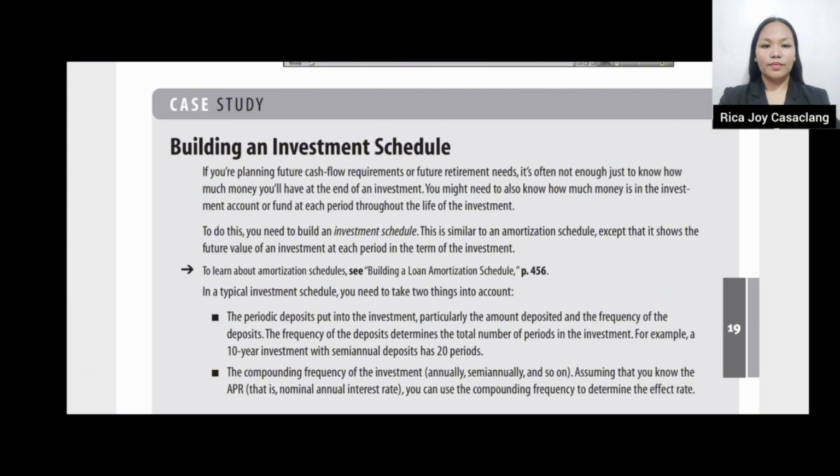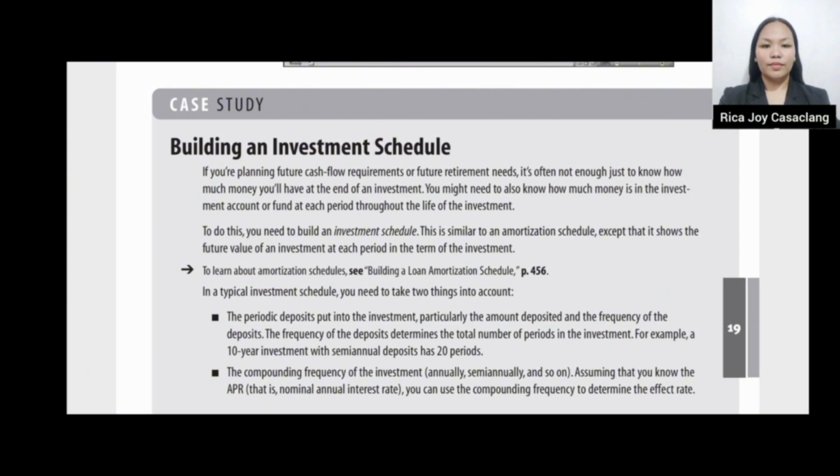So what is an investment schedule? An investment schedule is a financial tool that helps track the growth of an investment over time. This is similar to an amortization schedule, except that it shows the future value of an investment at each period in the term of the investment.